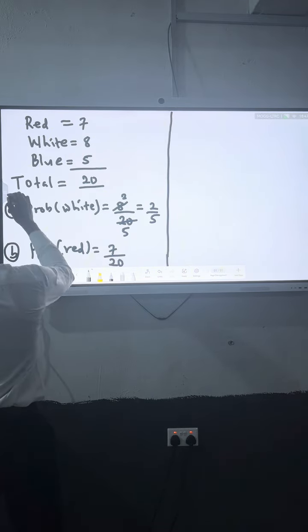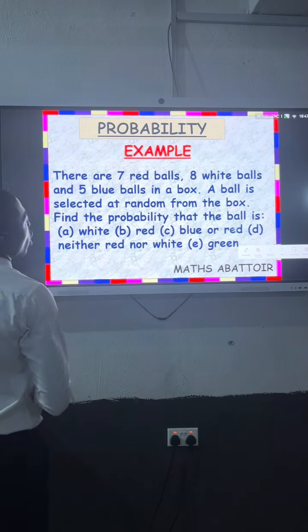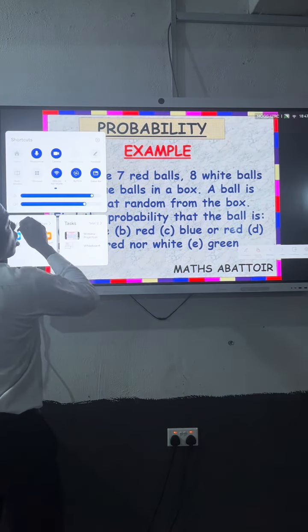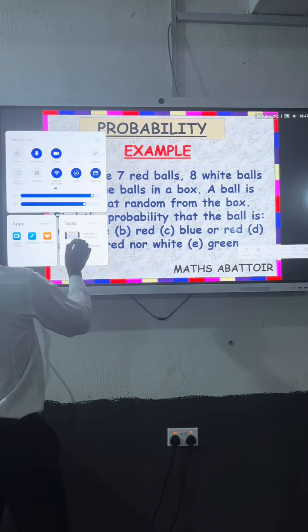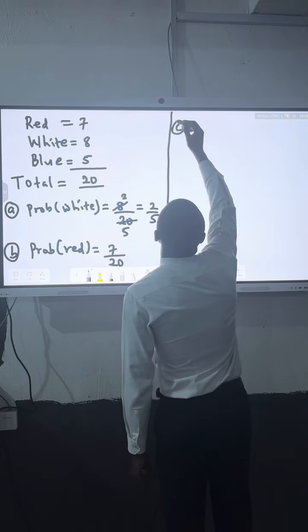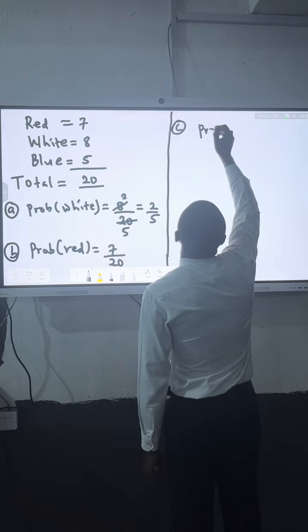Now we move on to the third part of the question. The C part says blue or red. Probability of getting blue or red.